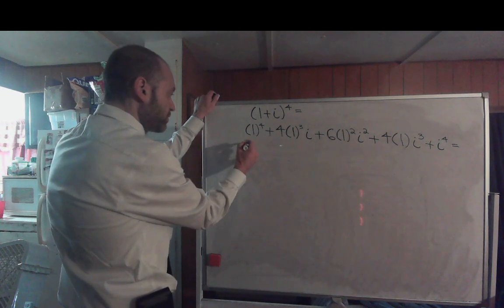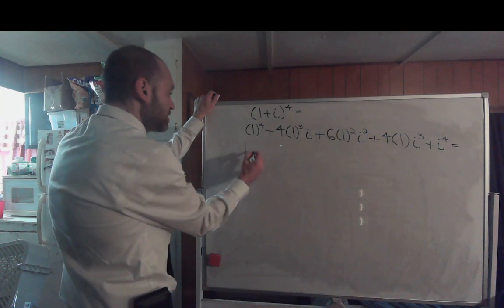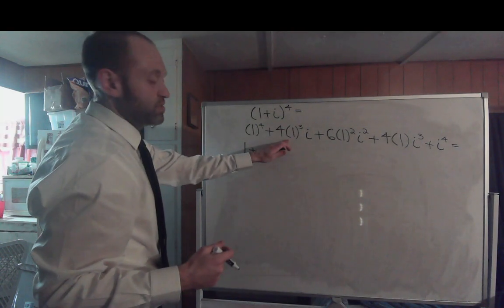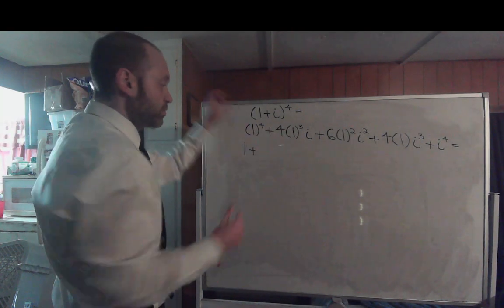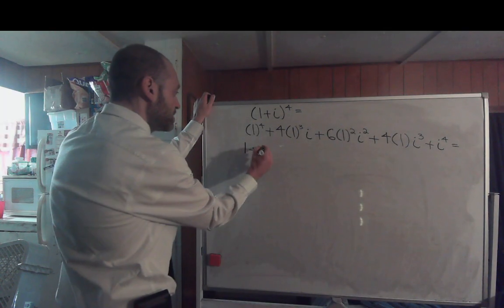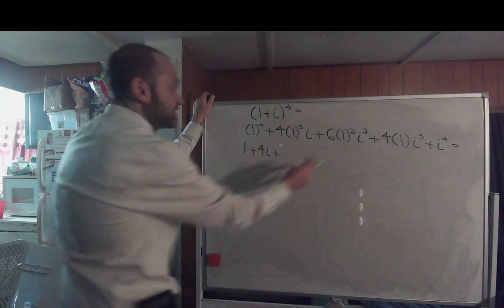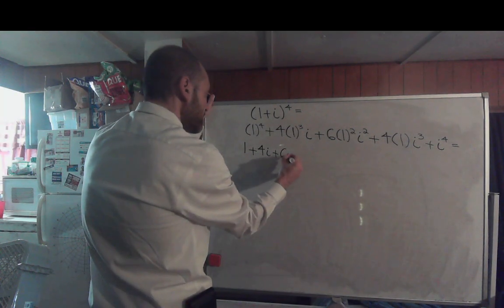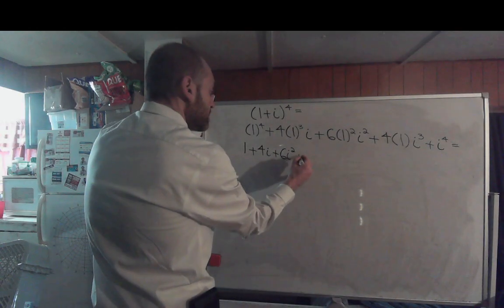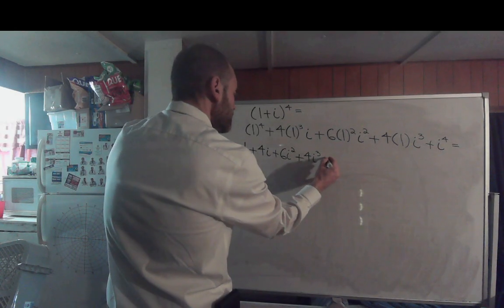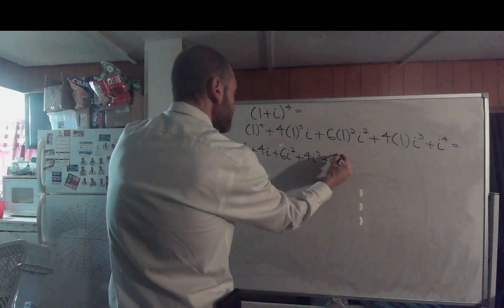So 1 to the 4th is 1, plus, alright, what do we know here? 1 to any power is 1, so 1 times 4 is 4, so this is 1 plus 4i plus 6i squared plus 4i to the 3rd plus i to the 4th.